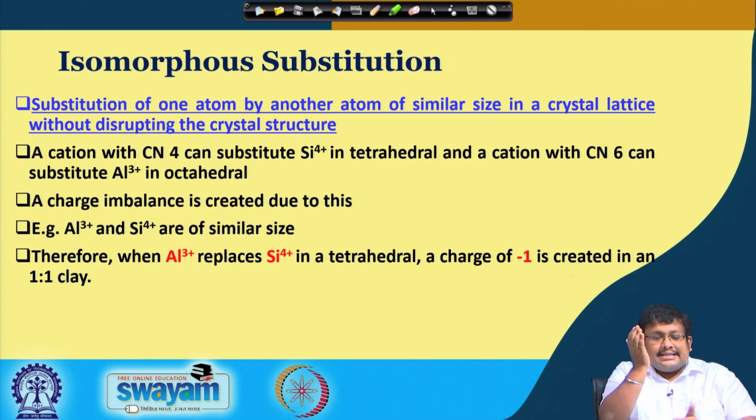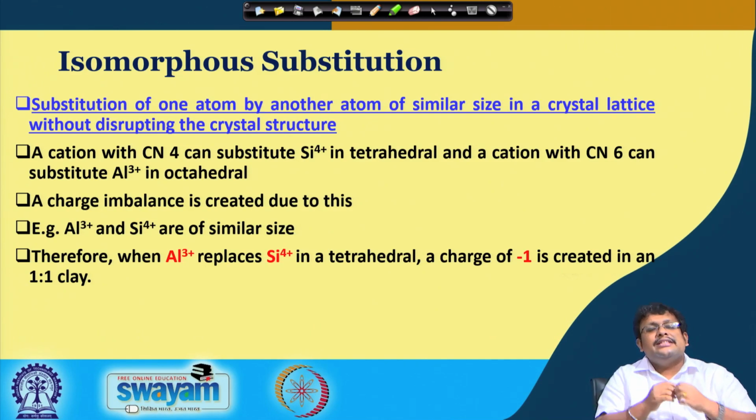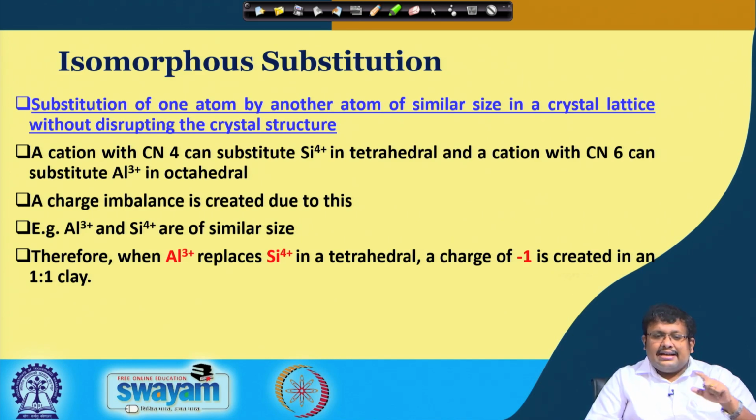So, silica can be substituted by another cation in a tetrahedral coordination which can show a coordination number of 4, for example, aluminum. Aluminum can replace silica in a tetrahedral coordination and still maintain its structural integrity, because aluminum has almost similar size as that of silica.